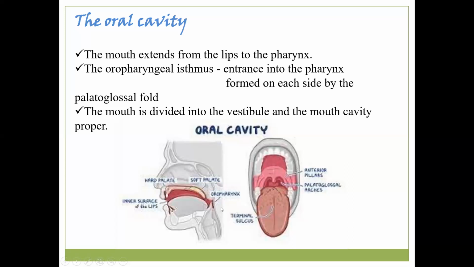The oropharyngeal isthmus is the place where the oral cavity separates from the pharynx, the entrance into the pharynx, which is formed by the palatoglossal folds on each side.